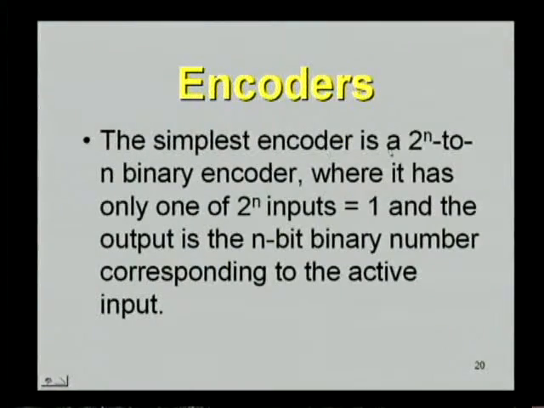So we see the simplest encoder is a 2 power n to n binary encoder, where only one of the 2 power n inputs is high, that is equal to 1, and the output is the n bit binary number corresponding to the active input.